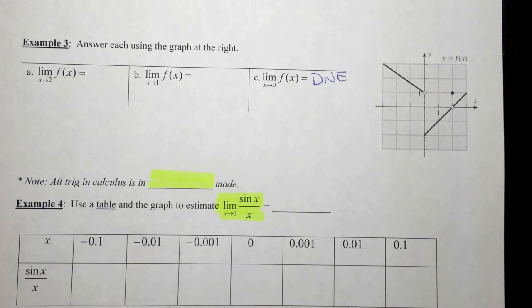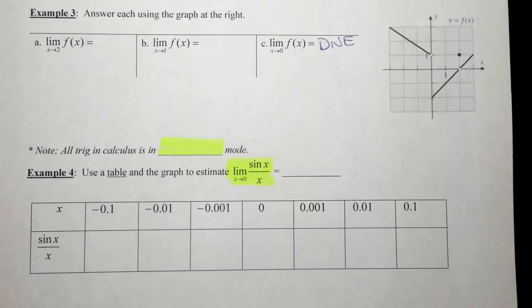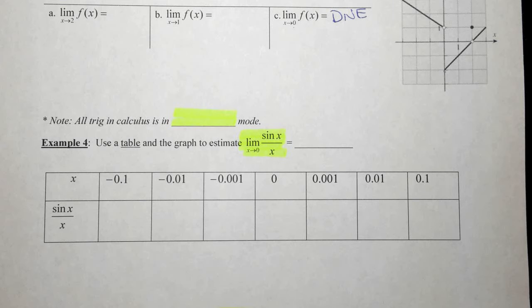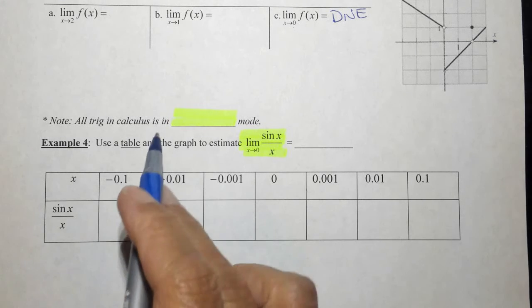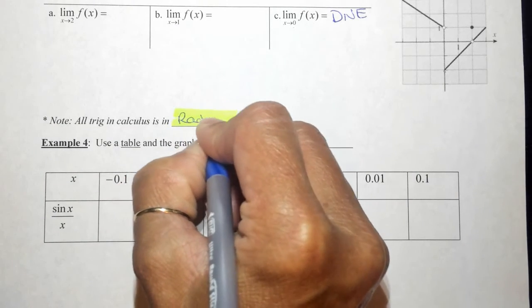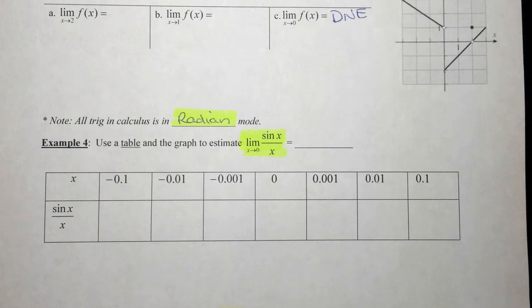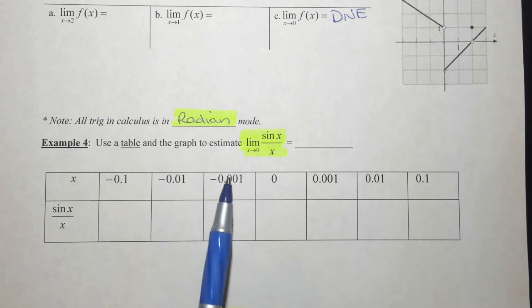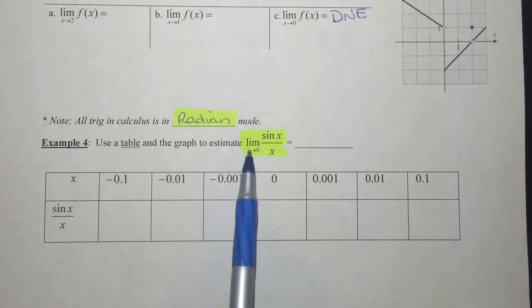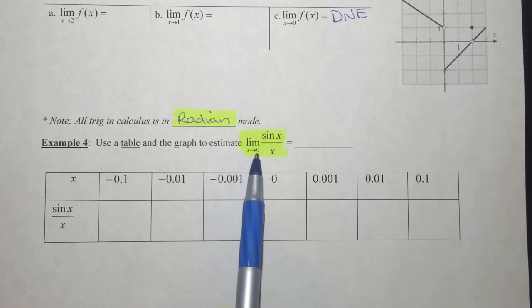Okay, so what we want to take a look at right here in example 5 is how we would evaluate this in the calculator. So first of all, what you need to make sure of is that all trig in calculus will be in Radian mode. Okay, and typically what we want to look at is being able to evaluate the limit by using direct substitution.